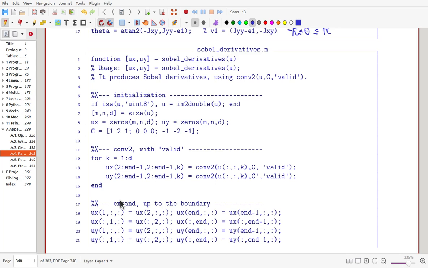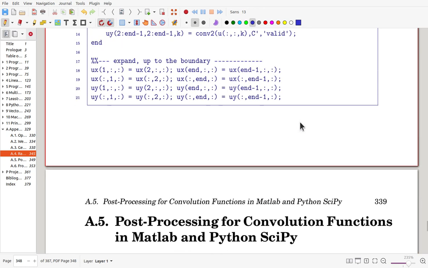But here we simply copy from inside the last second row and columns, and we copy the quantities to fill out the boundary lines. Okay, that's it.